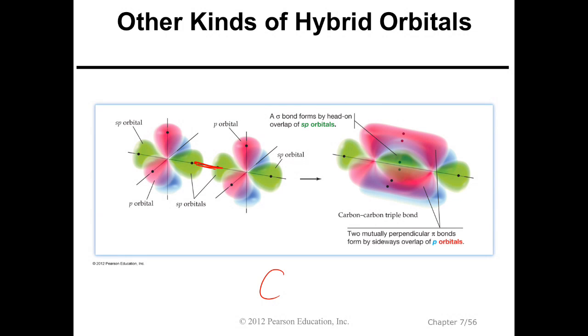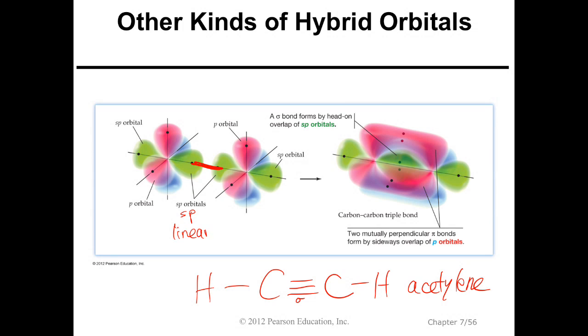One example of that would be acetylene, where you have a sigma bond, which is the head-on overlap of sp orbitals, which are linear. And now you've got a pi from one of the p's overlapping edgewise, and then another pi in the other direction.